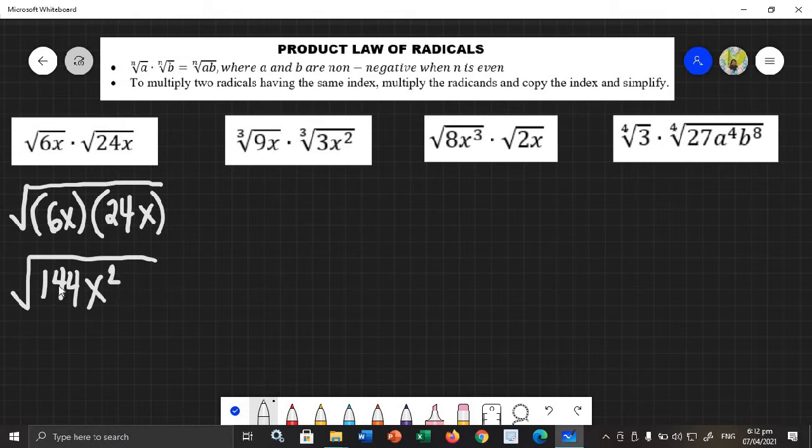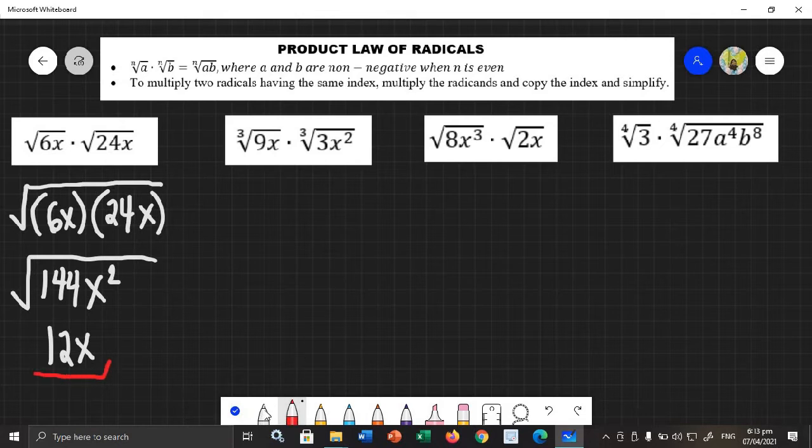And then observing this, square root of 144, x raised to the second power, we can still simplify this radical, right? So we should get the square root of 144, which will result to 12. And the square root of x squared is x. Therefore, this will be now your answer.